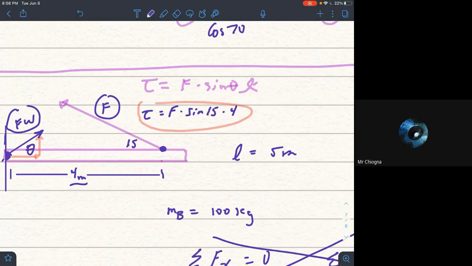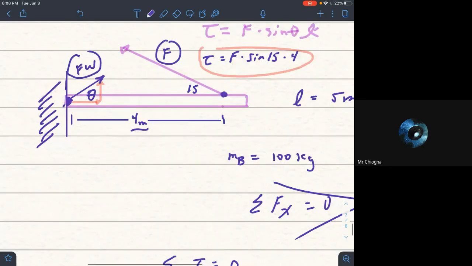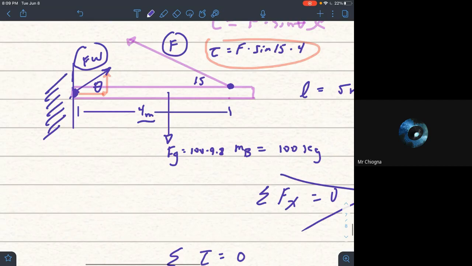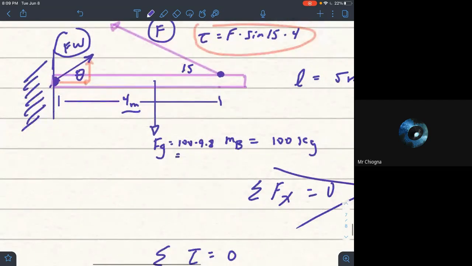Your second torque, looks like there's only 2 in this case, is due to the weight of the beam, Fg, which is 100 times 9.8, so that's 980.